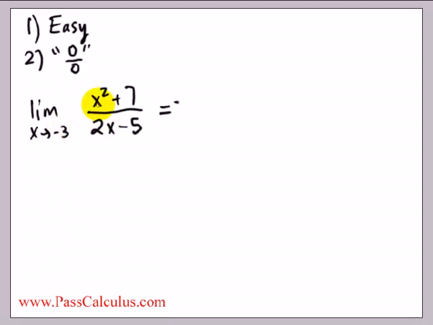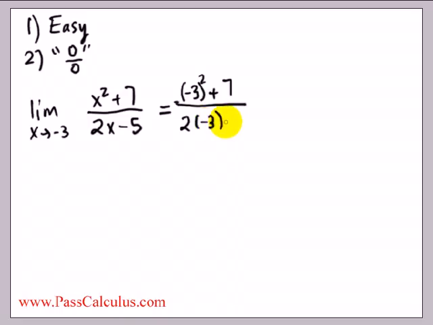When I put minus 3 in there, I get 9 plus 7, 16. And on the bottom, I get minus 6 minus 5, which is minus 11. And I don't have 0 in the bottom, do I? So this is an easy kind. I can just put this right in. Notice, I just put that in, I get this.